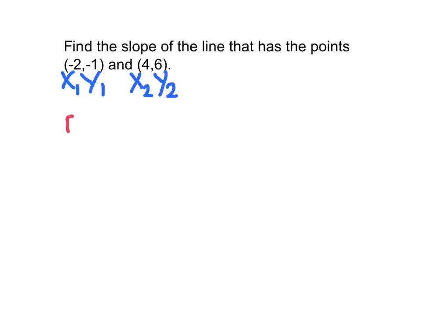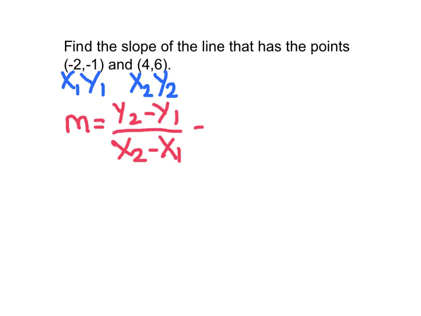Let's use our slope formula, subtracting the two y values, subtracting the two x values. All right, so y sub 2 is going to be 6. Y sub 1 is negative 1, so 6 minus negative 1.